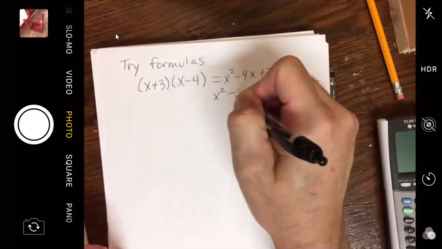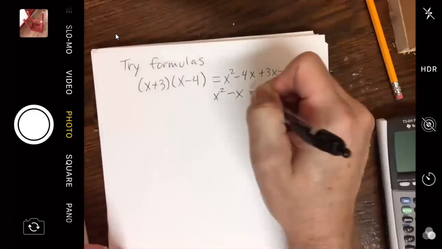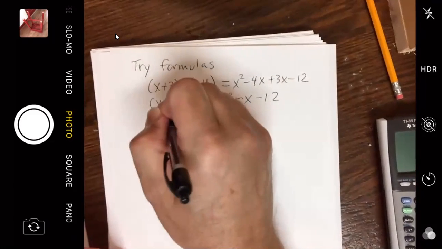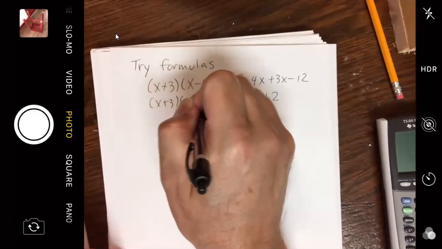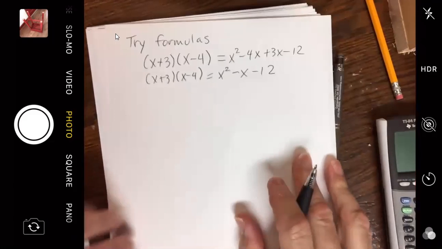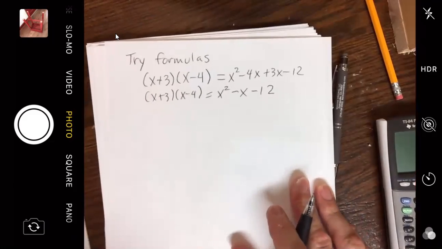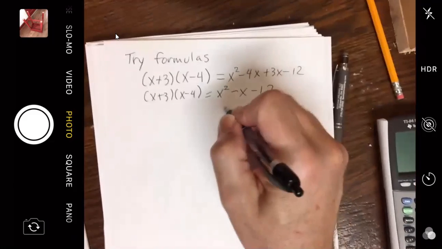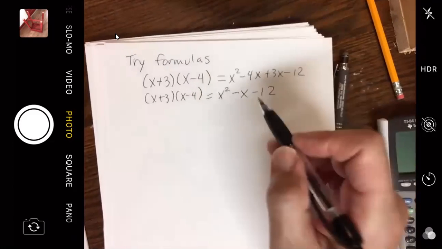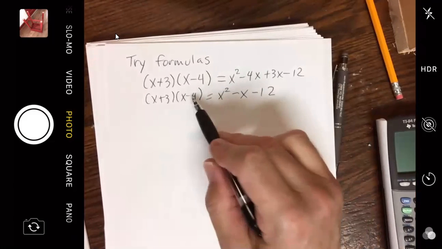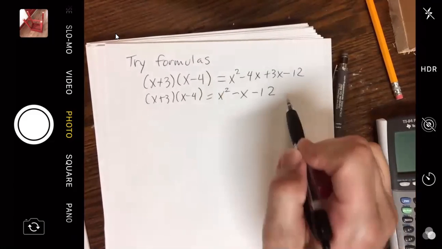X squared minus x minus 12 equals x plus 3 and x minus 4. Trying to do something that looks familiar. But if you go back this way, you're factoring it, two numbers that multiply to -12, but add to -1. That'd be 3 minus 4 is your -1, and 3 times -4 is your -12.